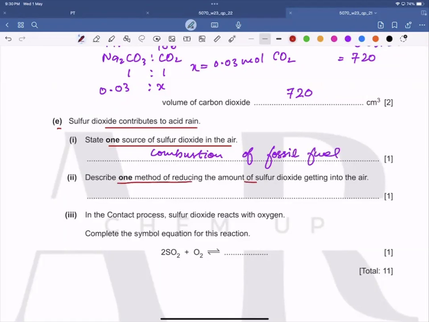Describe one method of reducing sulfur dioxide getting into the air. And the method is flue gas desulfurization.